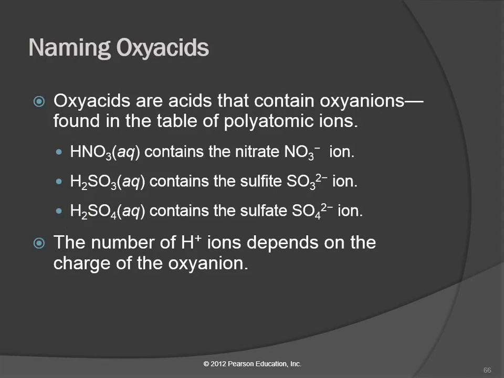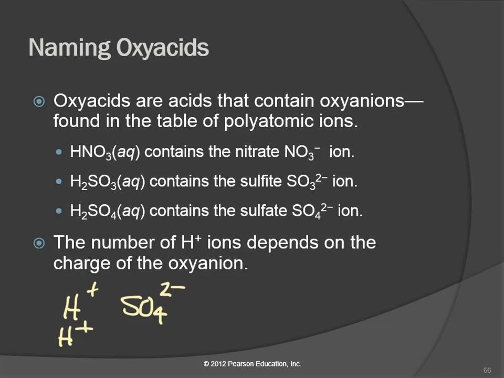So these are named from the name of the polyatomic oxyanion that they contain. And you figure that out just by covering up the hydrogens, see what's left, find it in the table. The number of hydrogens associated with it will depend on the charge. So sulfate has a 2- charge, and so we need 2 hydrogen ions.